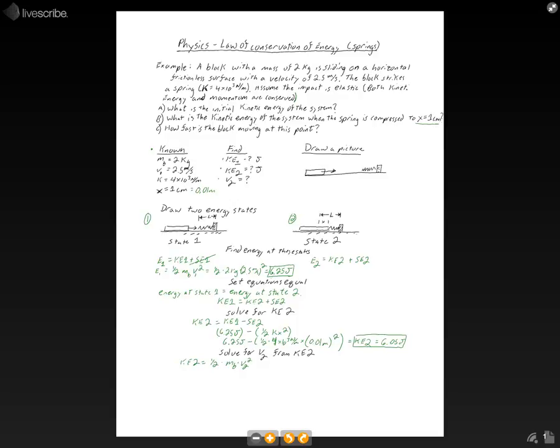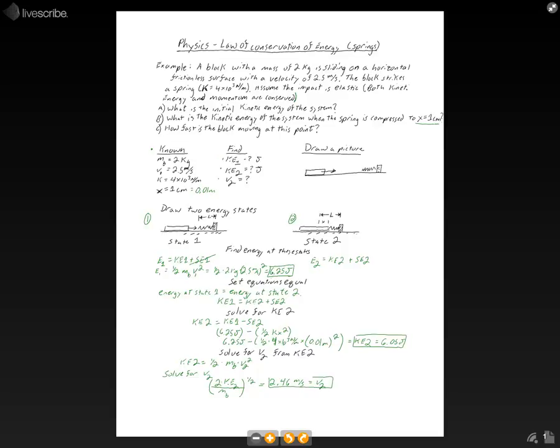Solving for V2, V2 will be equal to KE2 times 2 divided by m sub b, all to the 1/2 power, which comes out as 2.46 meters per second.